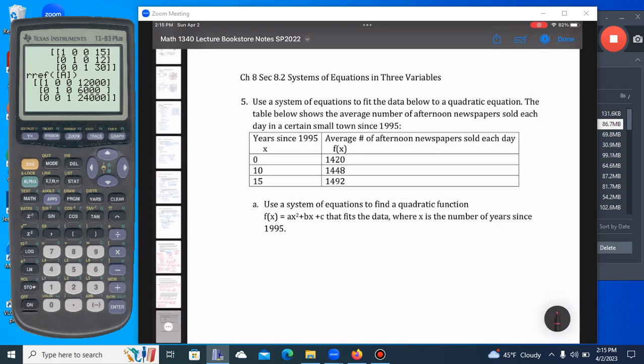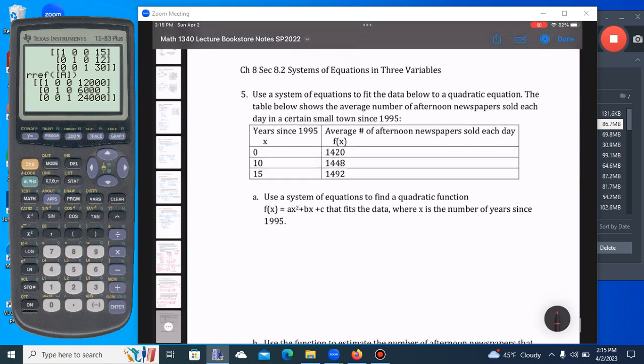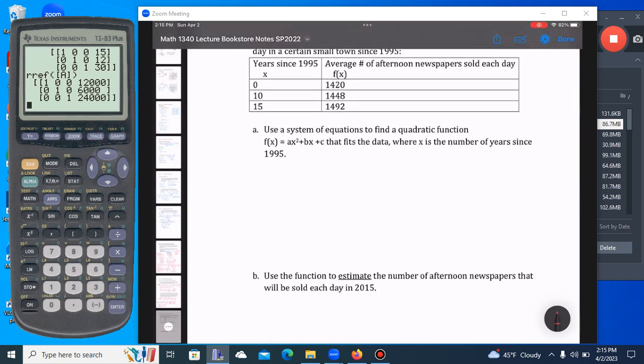We want to find an equation that's going to be a quadratic equation that fits this data, where x is the number of years from 1995. So here's how we do it. We use those three data points.